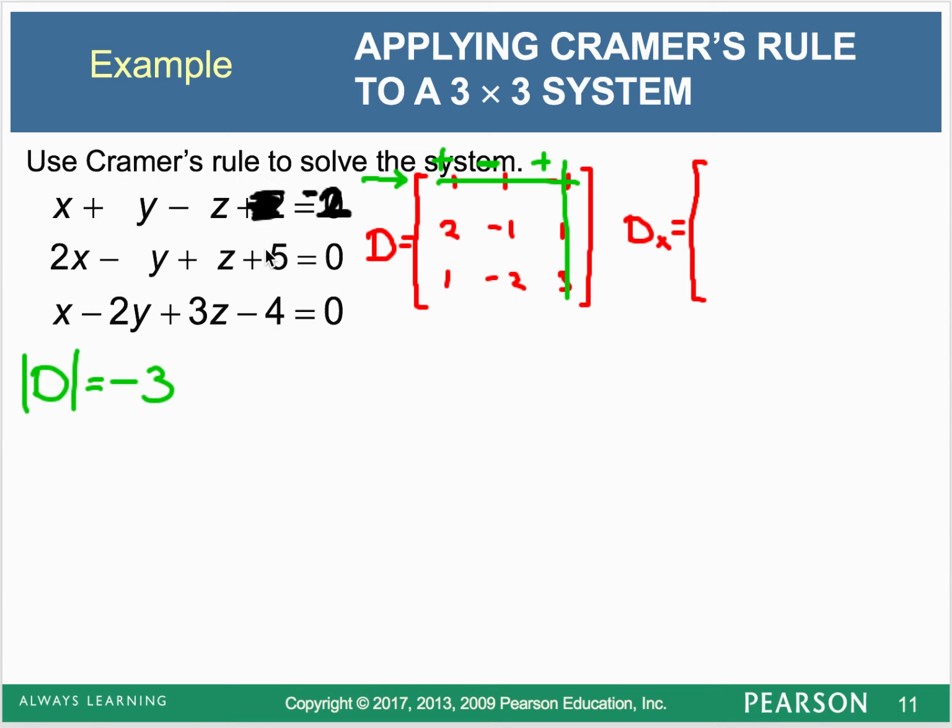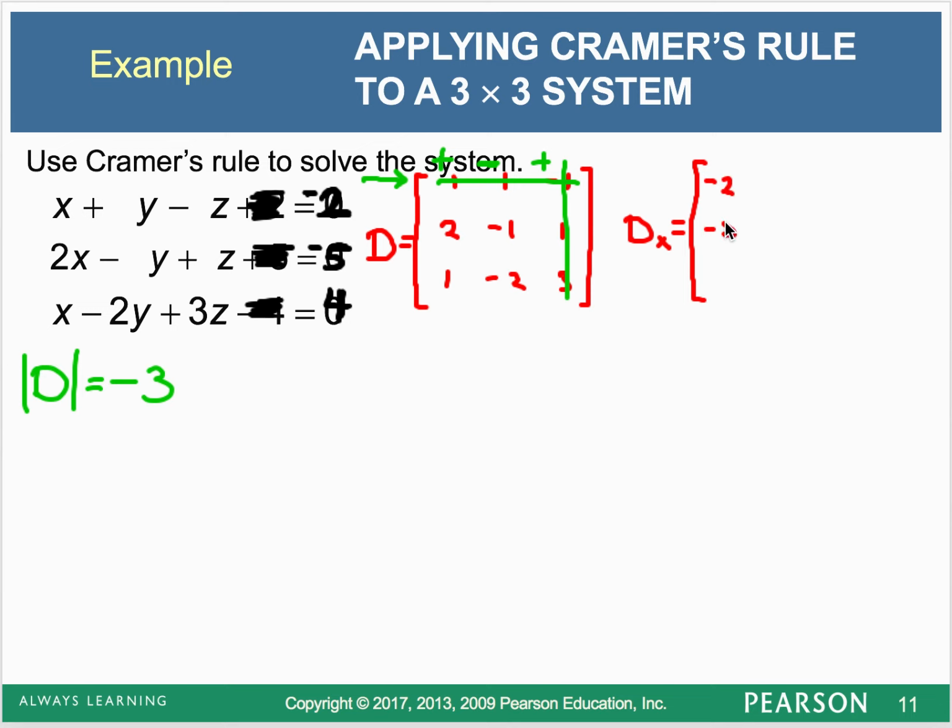Can we keep that up? And then this, if we subtract 5 from both sides, we'd have negative 5. This, if we add 4 to both sides, we'd have positive 4. So x will be negative 2, negative 5, positive 4, the x column.